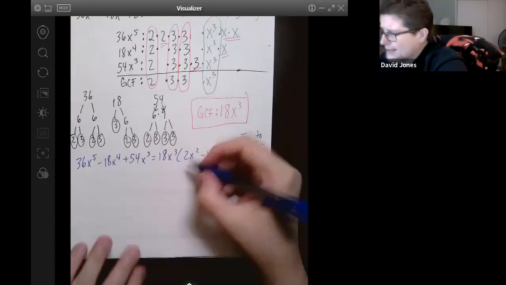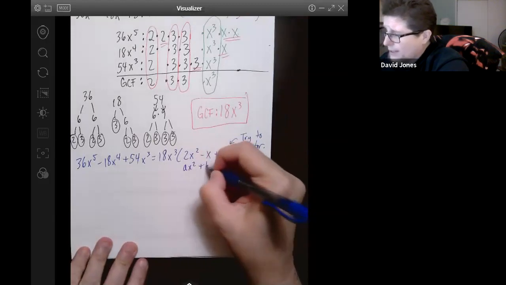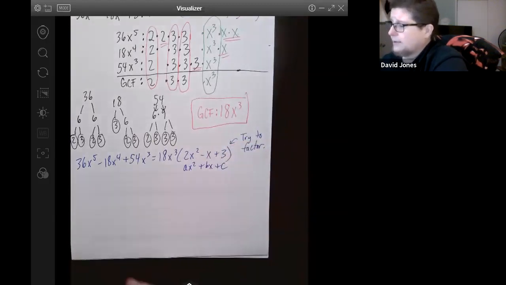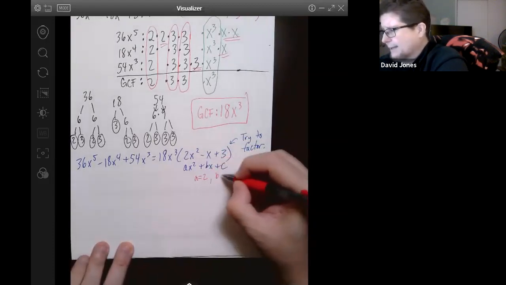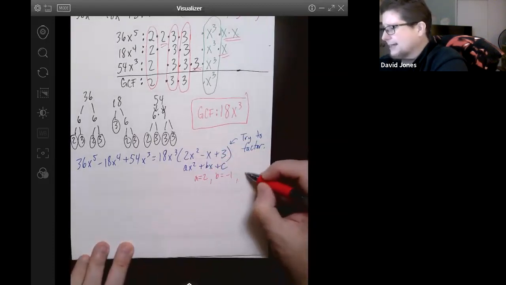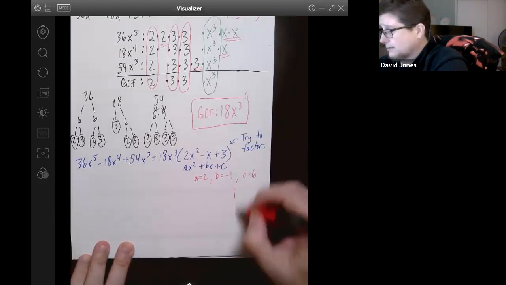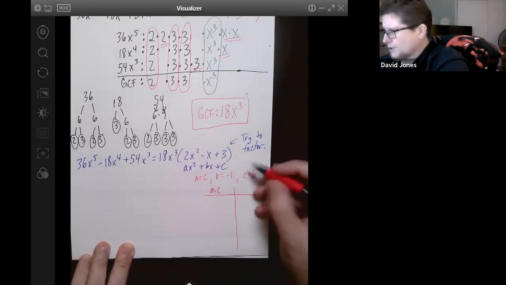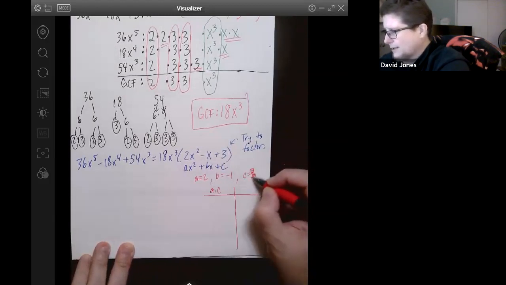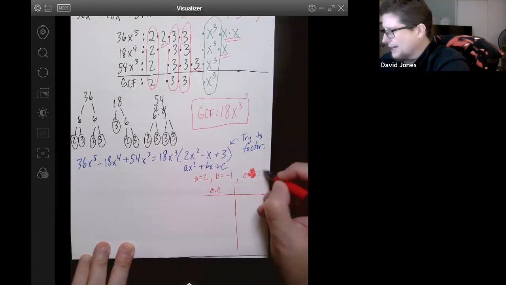So if I line this up with ax squared plus bx plus c, a lines up with positive 2, b lines up with negative 1, c lines up with 3. Look at me. I'm jumping ahead.